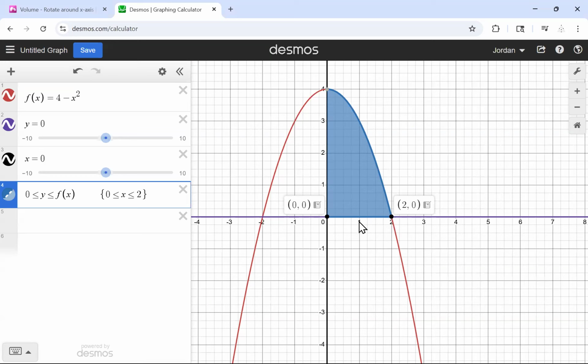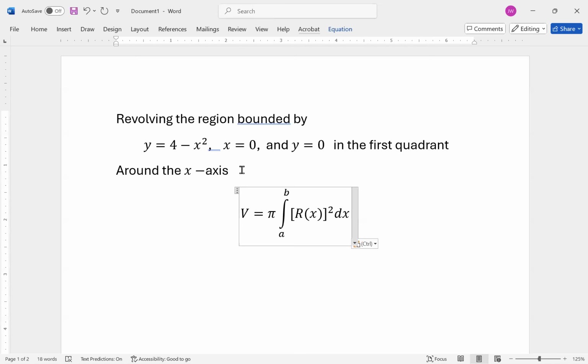The rectangles were oriented vertically, and therefore we're going to integrate with respect to x. Again, we're rotating around a horizontal axis. Now, again, rotating around the x-axis is the y equals 0 line. That's going to be important in just a moment.